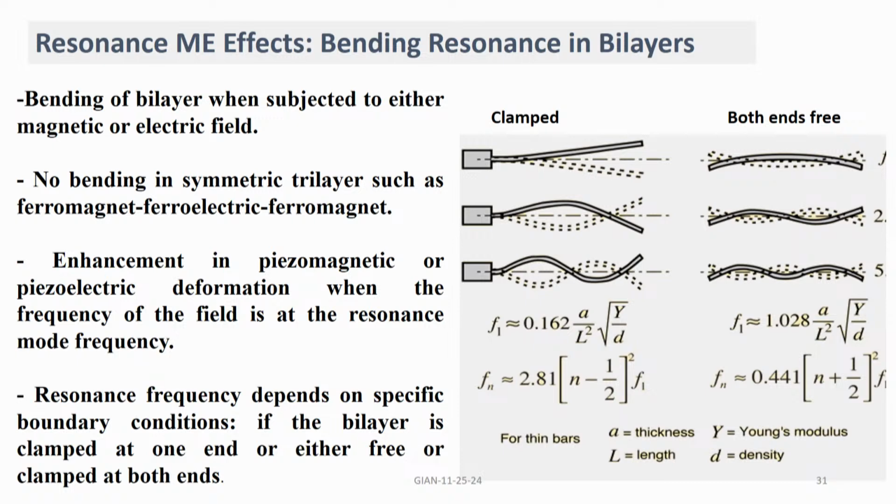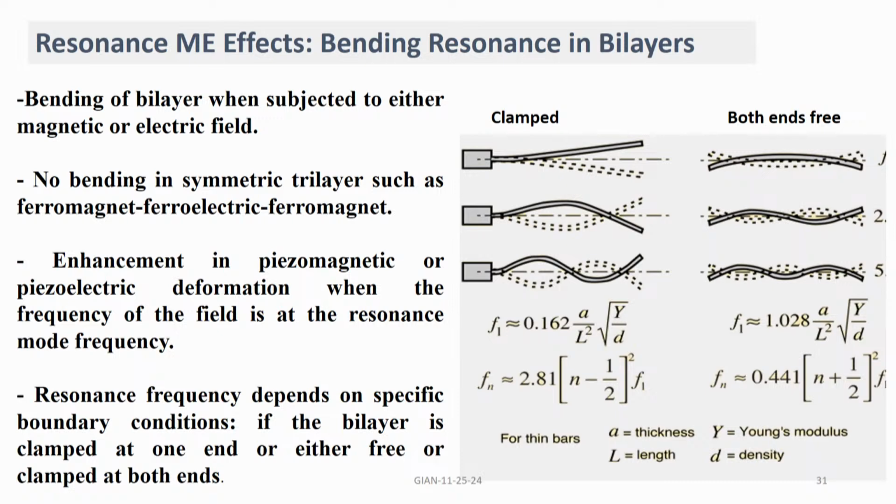What's shown here is a bilayer under 2 conditions. One is the composite rigidly clamped at one end, and the other option is having both ends free. The difference is that any free end will have maximum amplitude, and any clamped end has 0 amplitude.